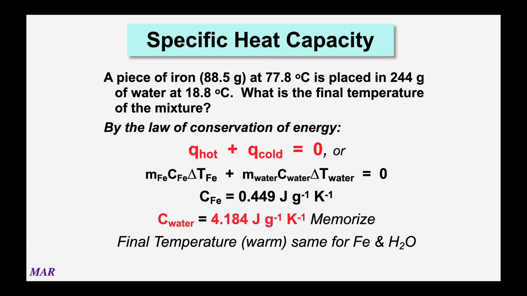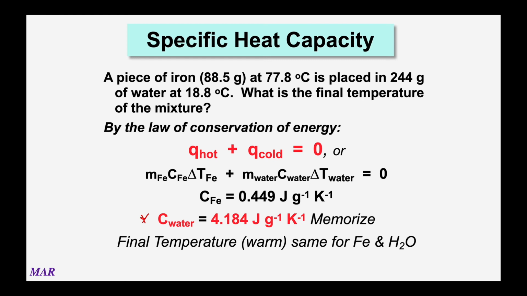Now, you are going to need some heat capacity values. The iron's heat capacity, 0.449 joules per gram Kelvin. Water, like I said earlier, a very important number that I do encourage you to memorize, 4.184 joules per gram Kelvin. And again, that final temperature is going to be the same for both iron and water.